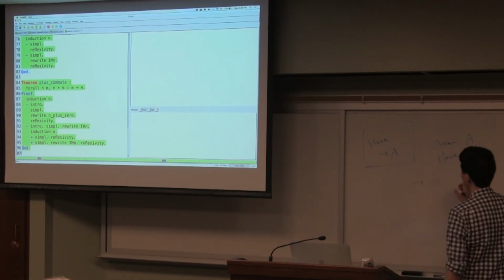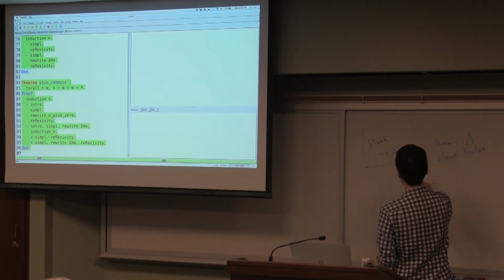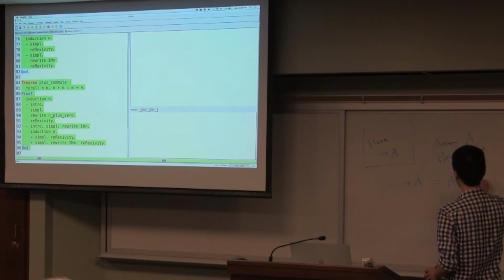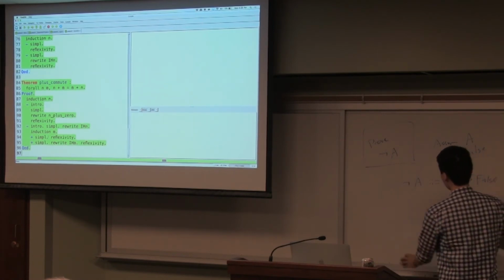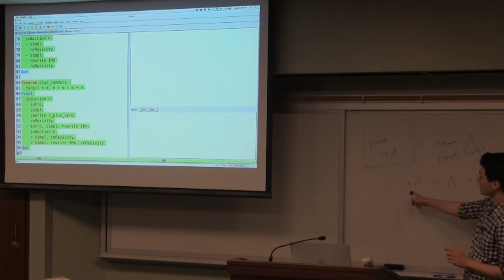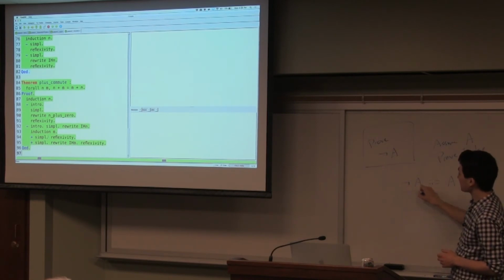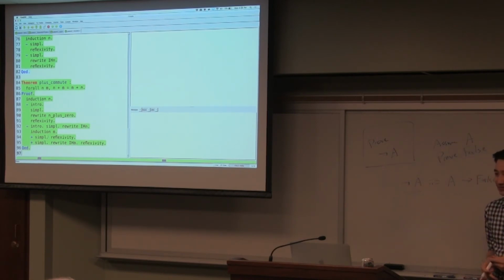Not A is defined as A implies false. So really, a proof by contradiction is exactly how you prove not A, because you have to prove this implication. To prove an implication, you assume the input, assume A, and you have to prove the conclusion, which is false. So in a sense, every proof of not A is a proof by contradiction.